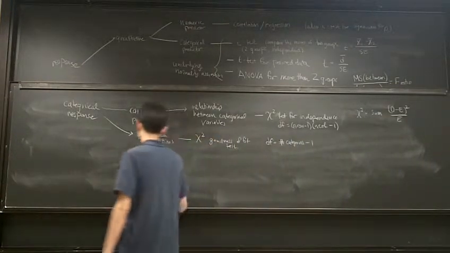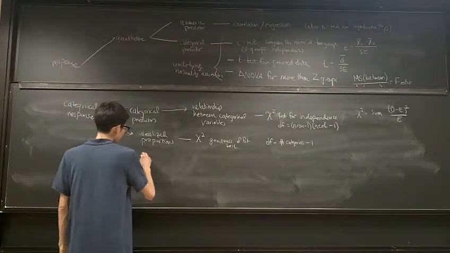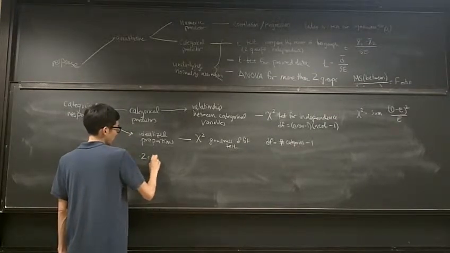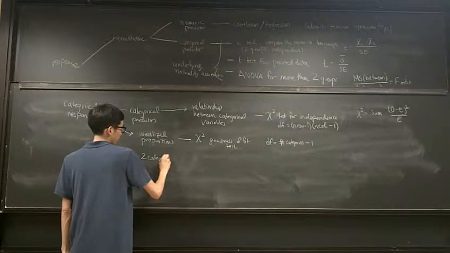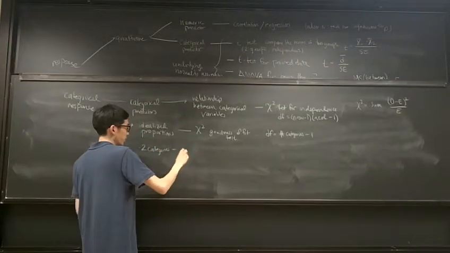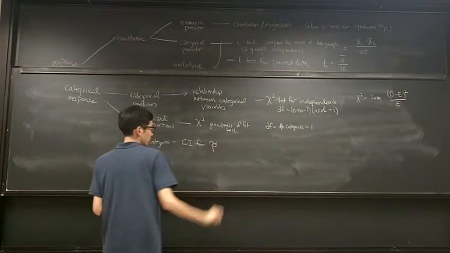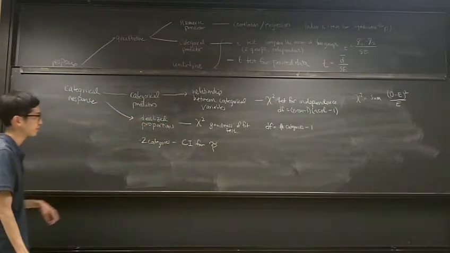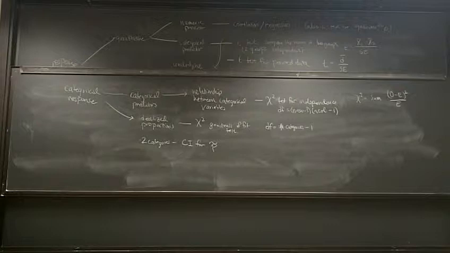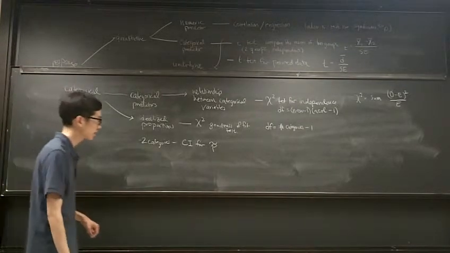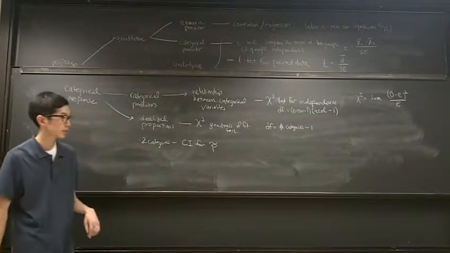Okay. And also, if we have two categories, as a special case, we can also do a confidence interval for p tilde. Just that word.